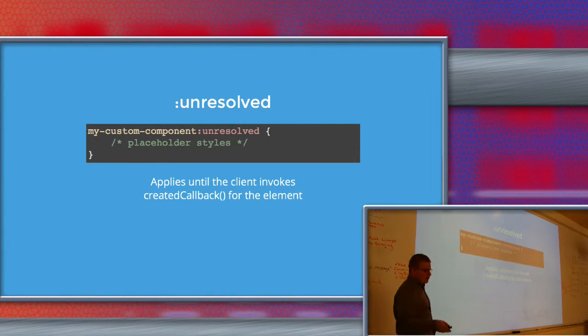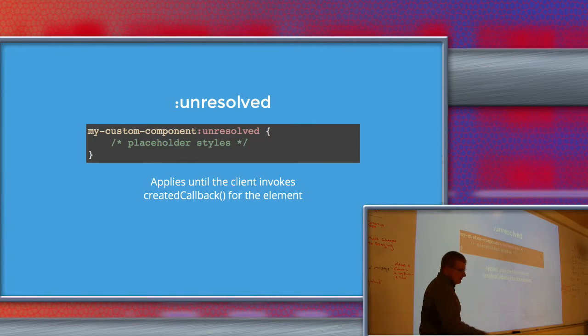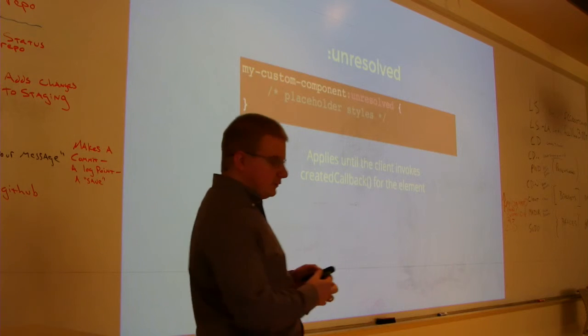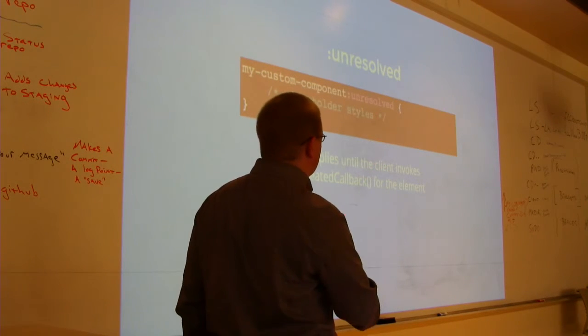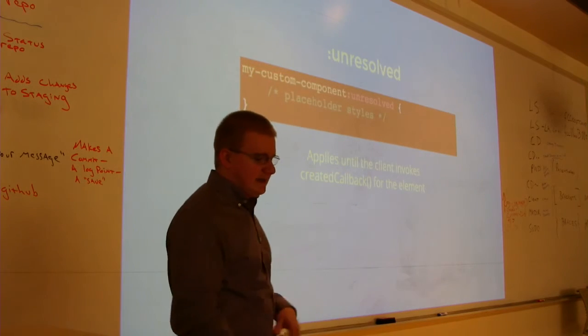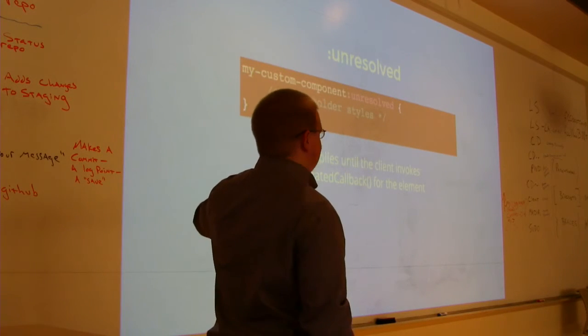Well, we have this new CSS pseudo-class called unresolved. Unresolved exists on browsers that support custom elements, that support web components. Unresolved will apply until the created callback, a life cycle callback for an element. Again, we'll get into that later, but the created callback happens when we create the element.